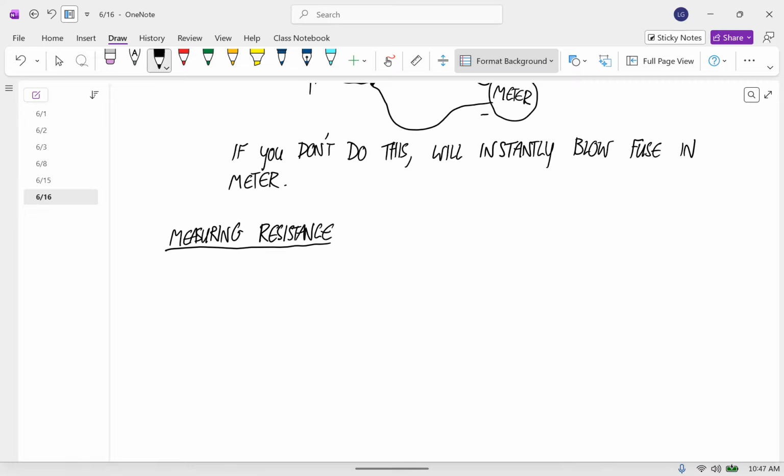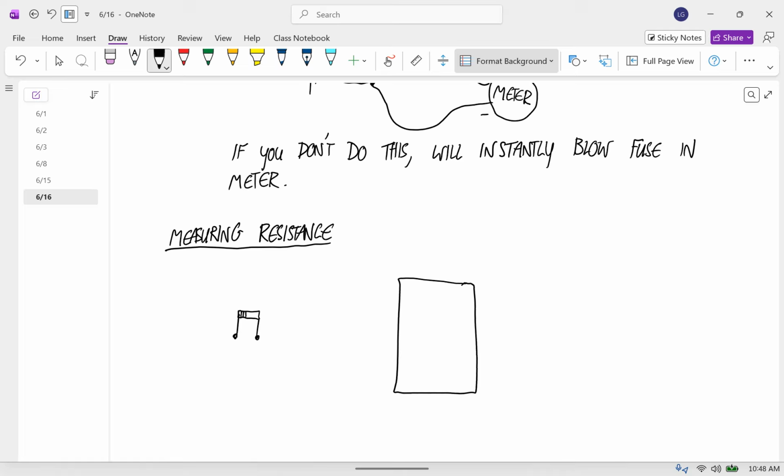Dedicated resistors like you have in your kit are designed to be the same value of resistance no matter what current's going through them. And so all you're going to do to measure the resistance is, so if this is your resistor, and this is your meter.